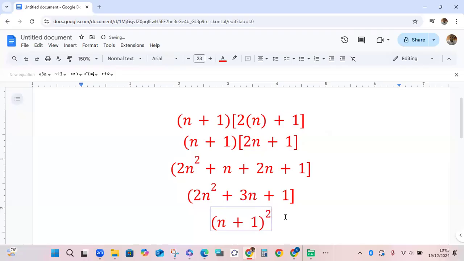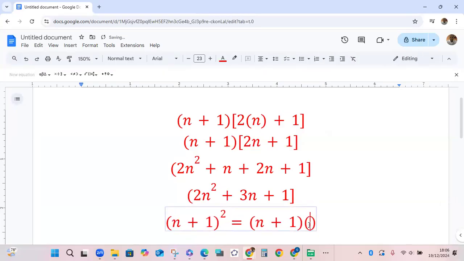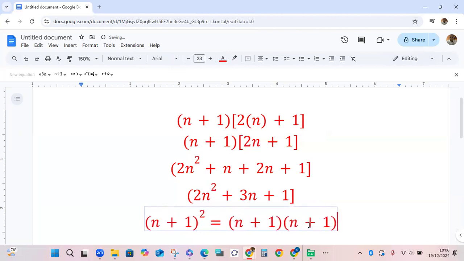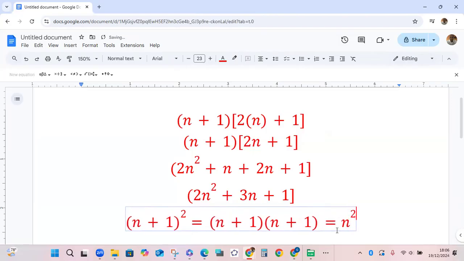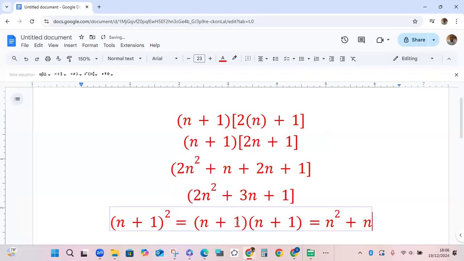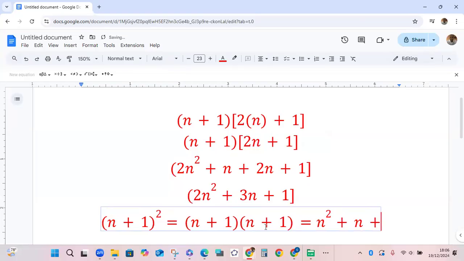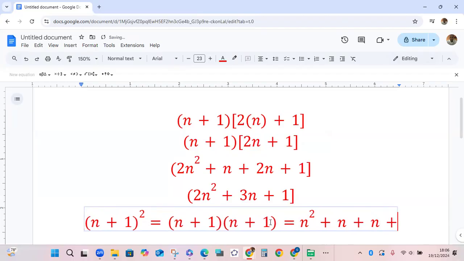N plus 1 all squared is N plus 1 times N plus 1. We have to multiply N by N and N by 1. N by N is N squared. N times 1 is N. Now we have to repeat this with 1. 1 times N is N. They call it expanding brackets to obtain a quadratic. 1 times 1 is 1.